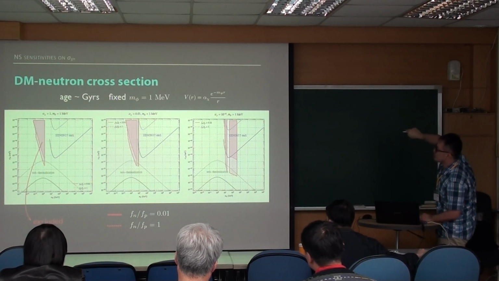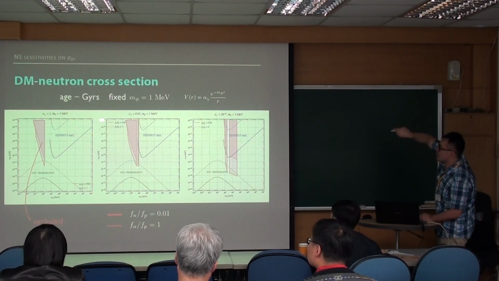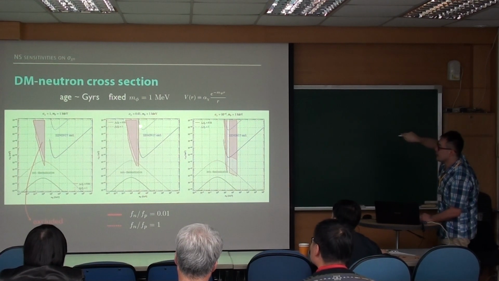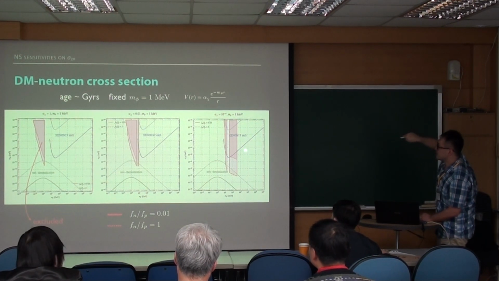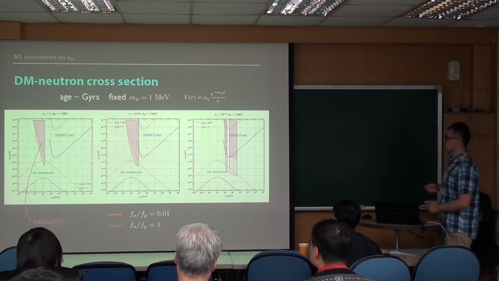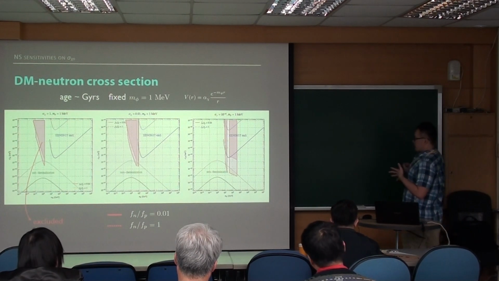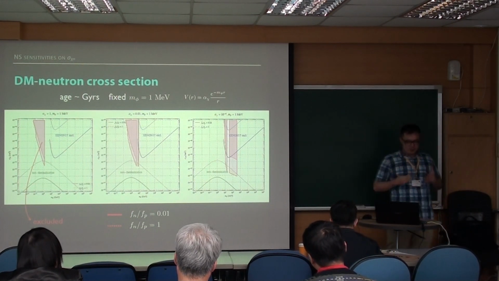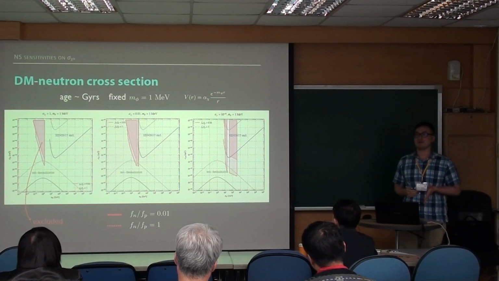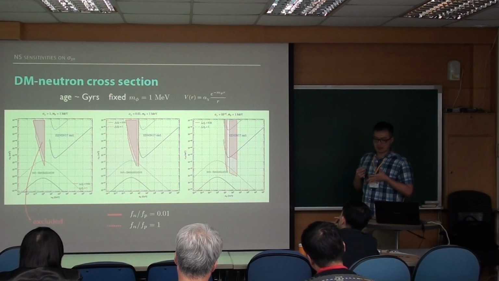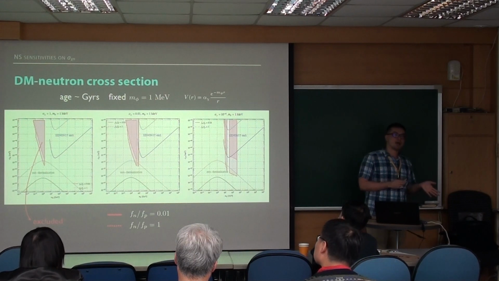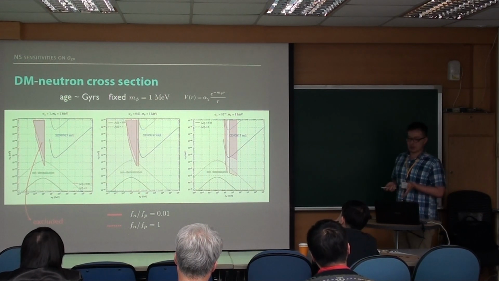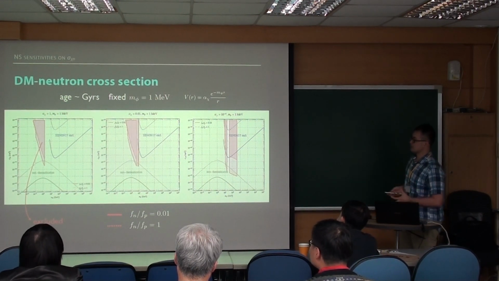From left to right, the Yukawa coupling becomes smaller and smaller, and this pink shaded region is the excluded region, because if a neutron star lives long enough, in principle it could accumulate enough dark matter particles inside it and form a black hole that eventually consumes the entire star.